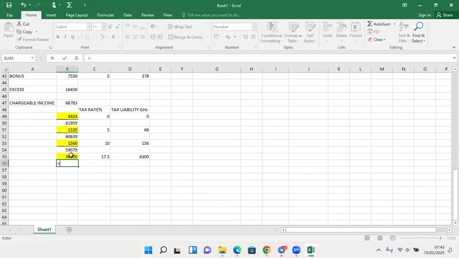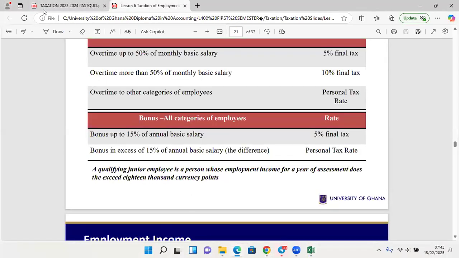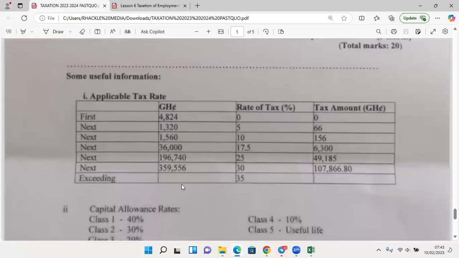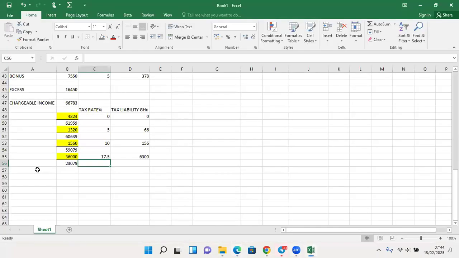And then when we subtract, that's what's left. And this is going to attract, because it is less than this, which will not make it exceed, we are going to apply 25% because it is within this range, 25%, then equal to 0.25 times.